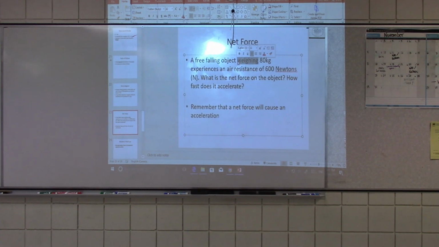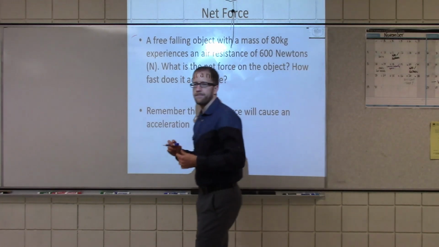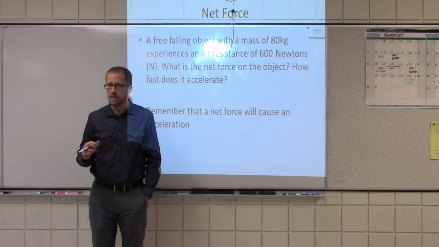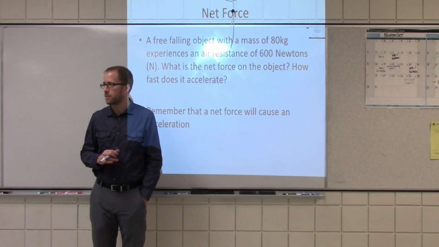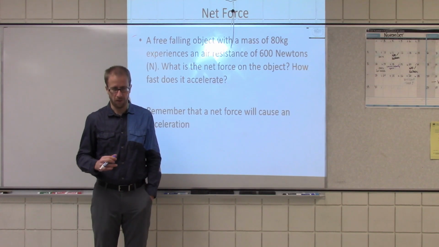So a free-falling object with a mass of 80 kilograms experiences an air resistance of 600 newtons. What is the net force on the object? Now, whenever you are given a problem like this in physics, in fact, pretty much any physics problem, the first thing you should do is draw a diagram.